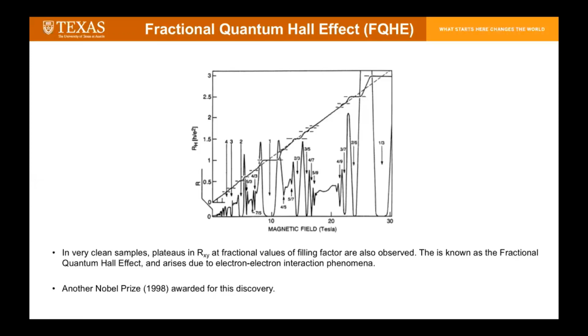For the integer quantum Hall effect, we adopt a non-interacting picture of the electrons. But to explain the fractional quantum Hall effect, you have to consider interaction phenomena between the electrons, which is what makes this effect a lot more complex to explain and understand.